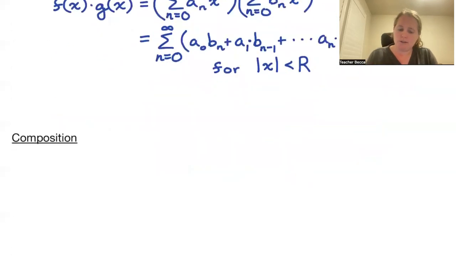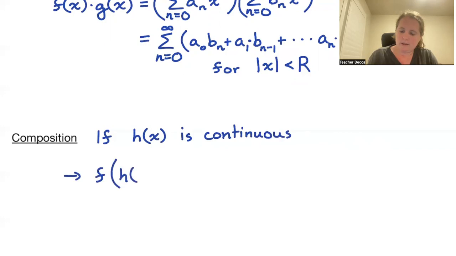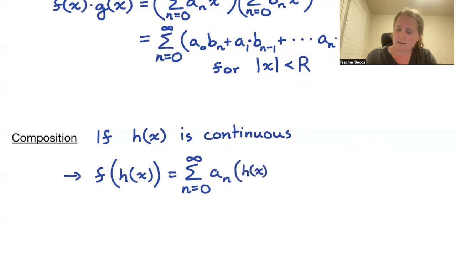Finally, we have composition. So if h of x is a continuous function, then we have that f of h of x is simply equal to the sum from n equals 0 to infinity of a sub n times h of x raised to the n.